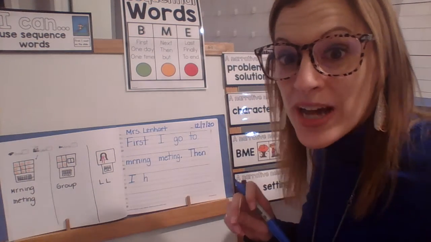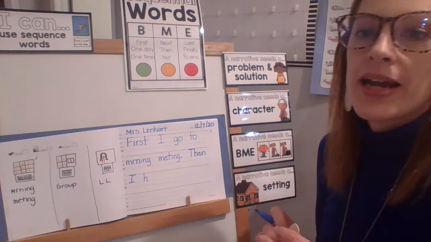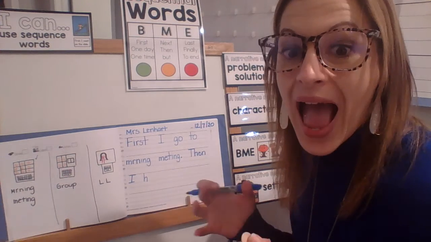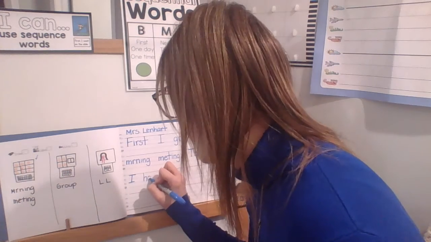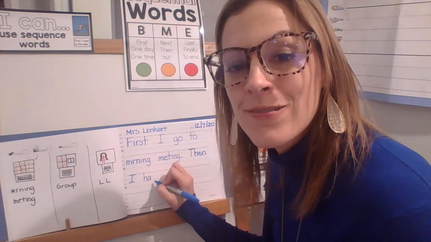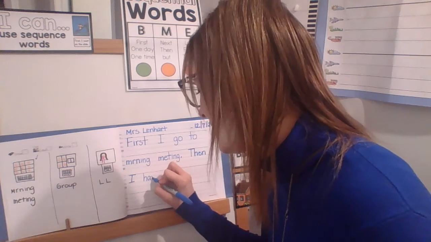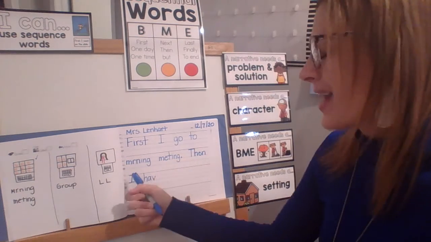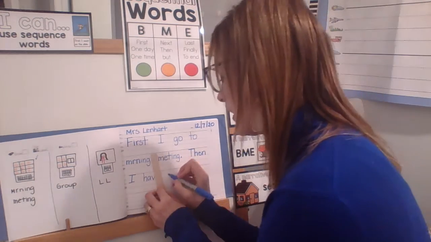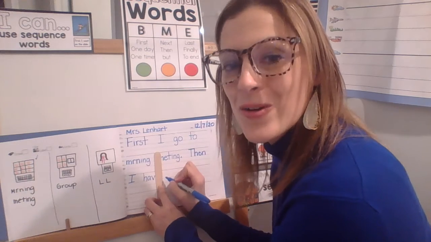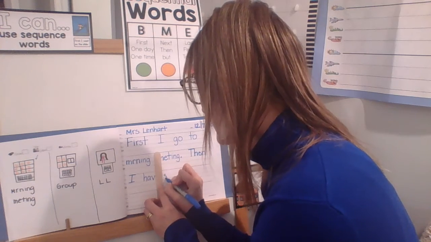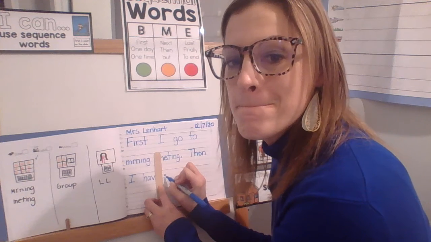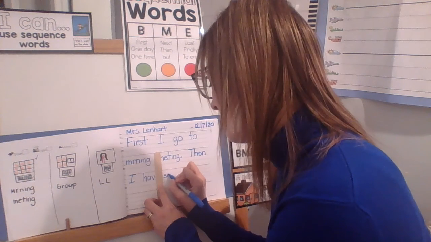Now let's stretch the sounds we hear in have. I hear an A. I hear a V. Then I have small group. That is an S. That is an M.